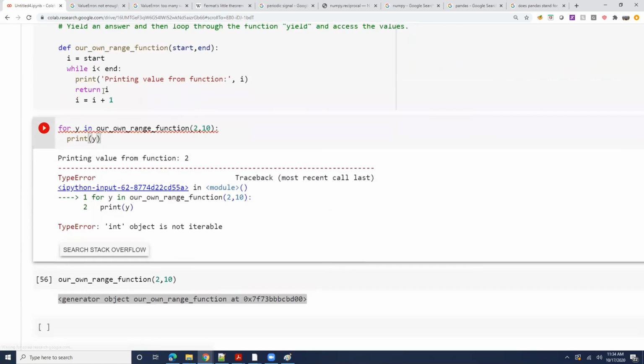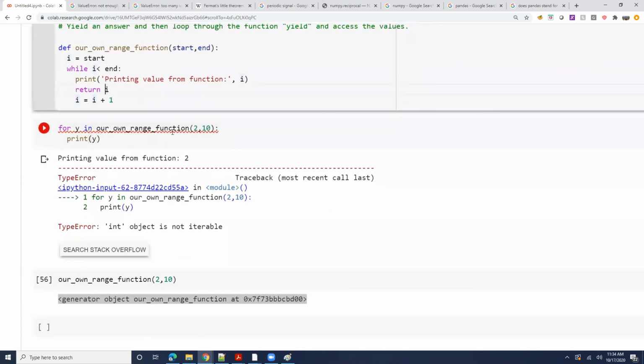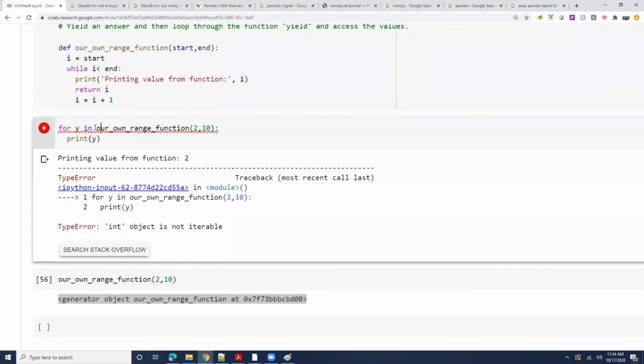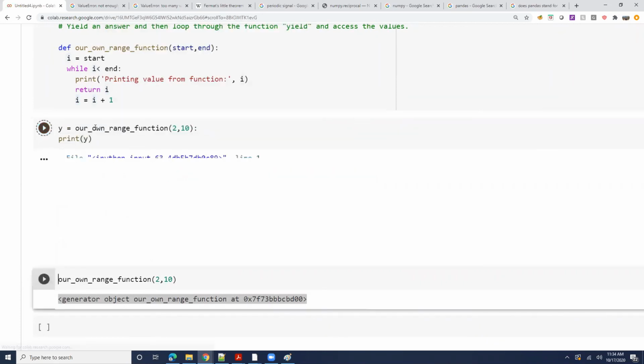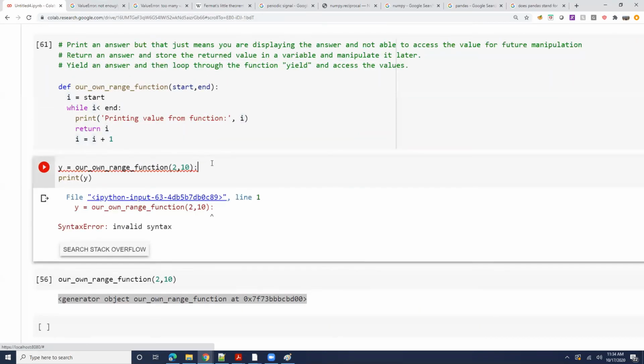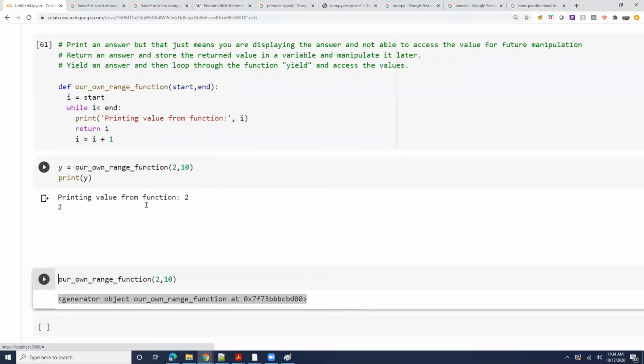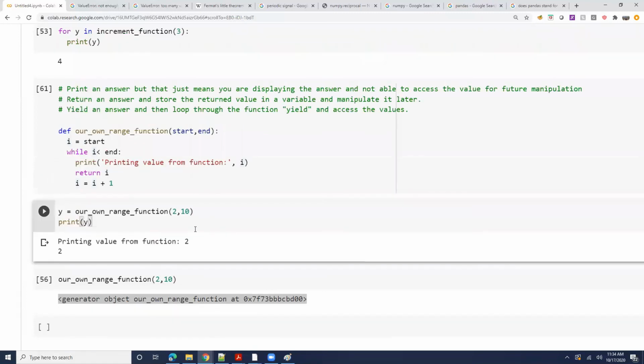Actually, let's see if I call it this way. So it printed 2 and it stopped, right? Even though I have a while.